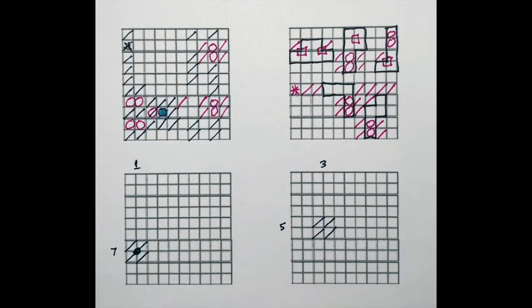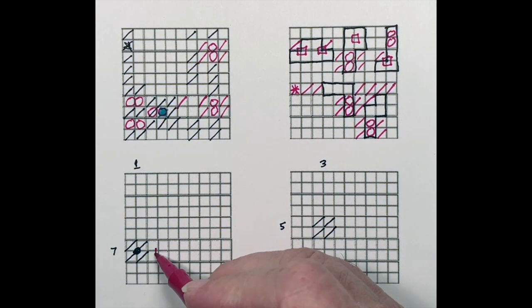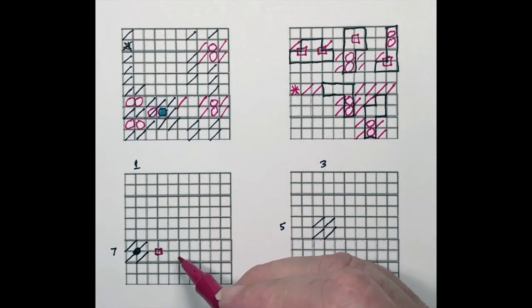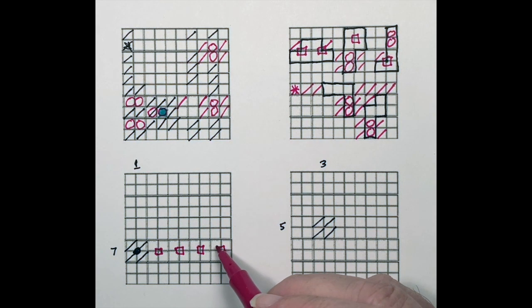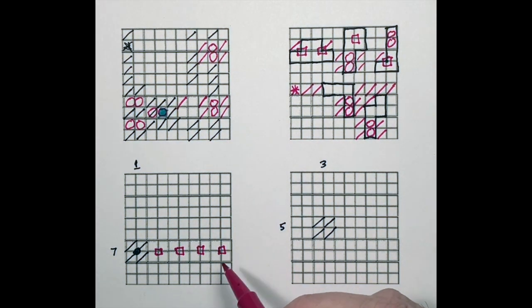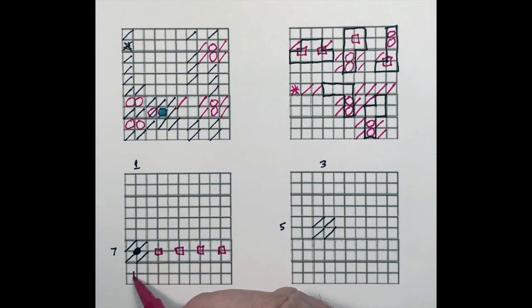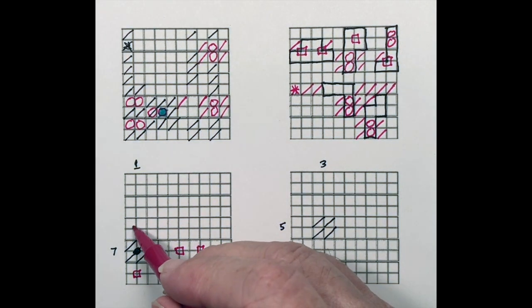I'll mark it with a circle just to remind me that that's a special one. And then that forces one of these 4 squares to be a star, and one of these, and one of these. So everywhere in here, there has to be 1 star per little symbol there. And this also applies vertically.